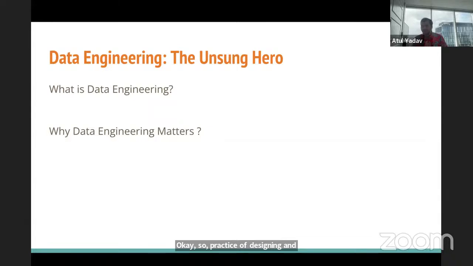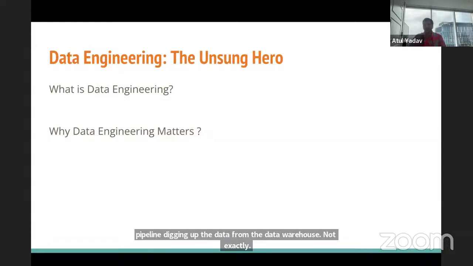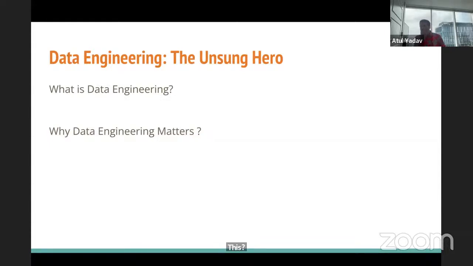Access and manipulation of data. Asta, you're right, nice. Xiaomi, basically making a strategy on data, that is the job of a data architect. But data pipeline management, digging up data from the data warehouse, not exactly. Preetham, the entire pipeline.